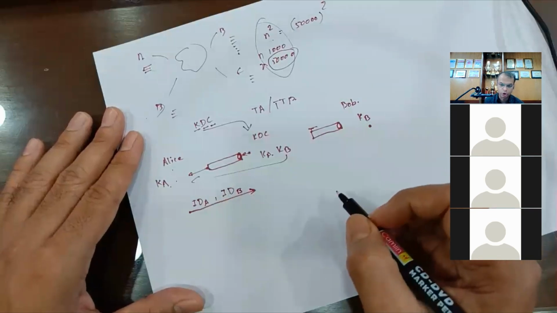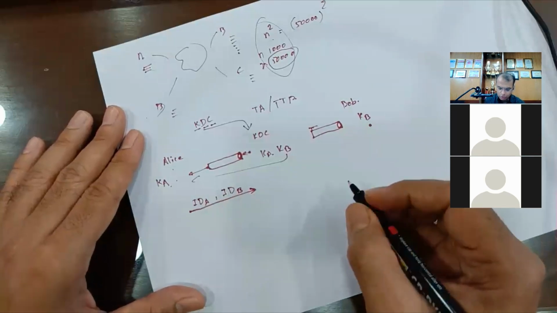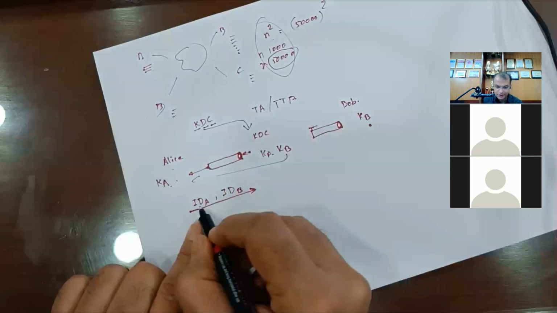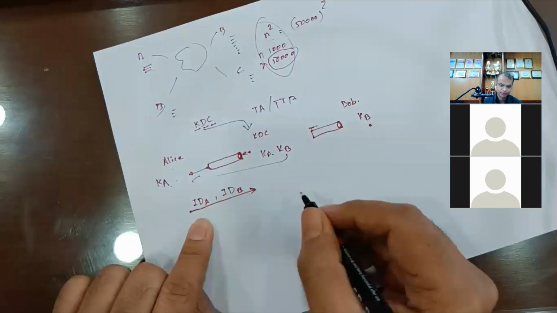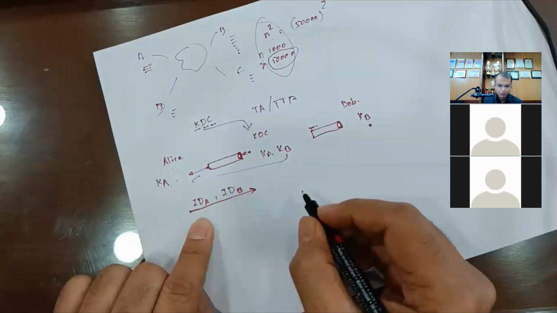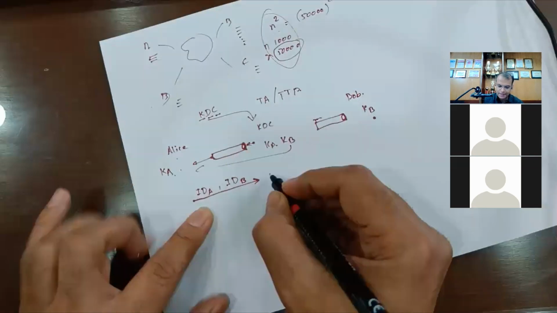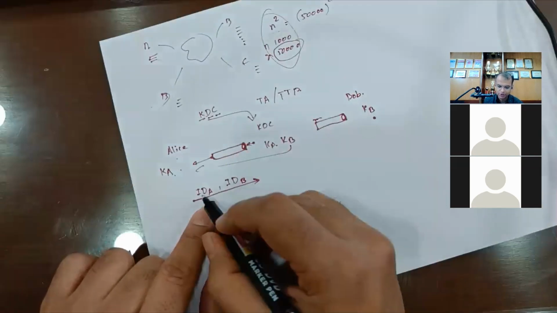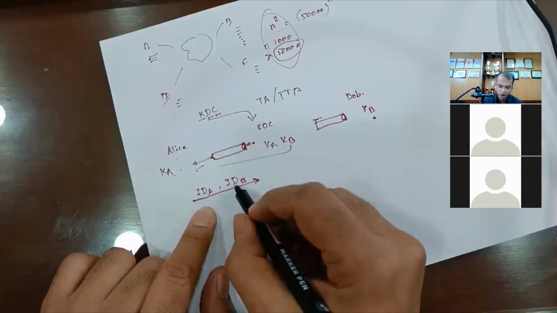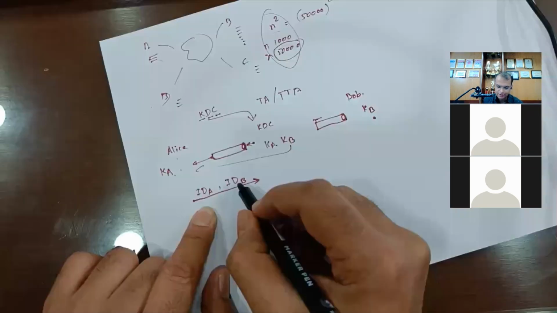Right now she wants to talk to Bob. So she will send both identifiers to KDC. Once KDC receives these two, KDC will come to know that this one wants to talk to this one.